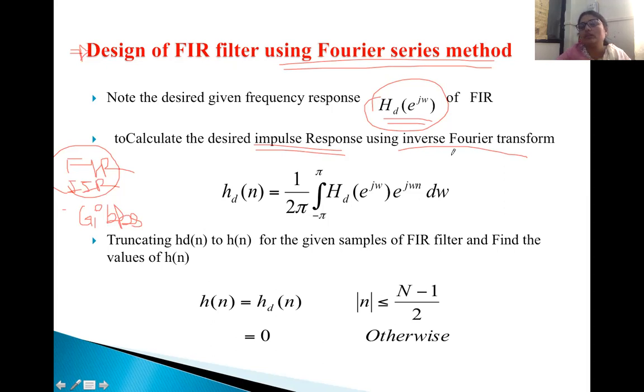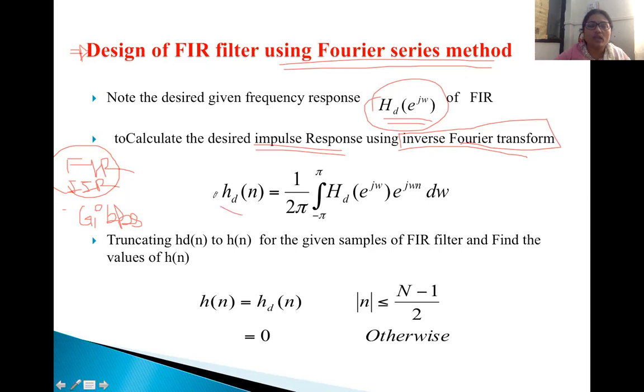This is the tool which converts the signal from the frequency domain back into the time domain. So what is the inverse Fourier transform? HD of n is equal to 1 upon 2 pi, integration from minus pi to pi, HD of e raised to j omega multiplied by e raised to j omega n d omega.